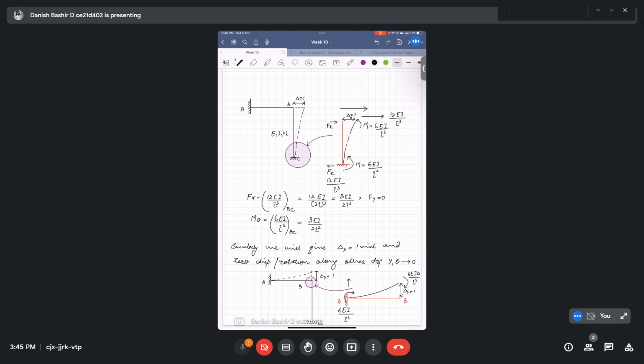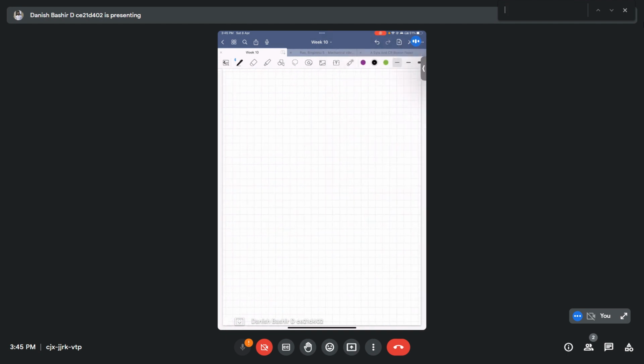For balancing of forces, we will have forces like this. The forces are 12 EI, delta is 1, by L cube. This will be the Fy developed there, and this will be minus Fy here. I'm not writing it again here. So these things will be generated in our beam AB. Okay. So writing this in detail, we will have Fx equal to 0 as I already mentioned.